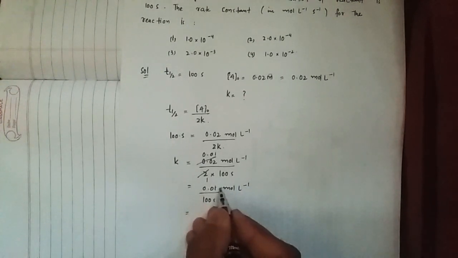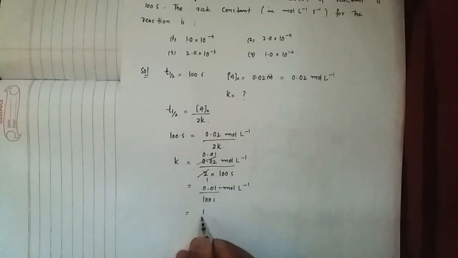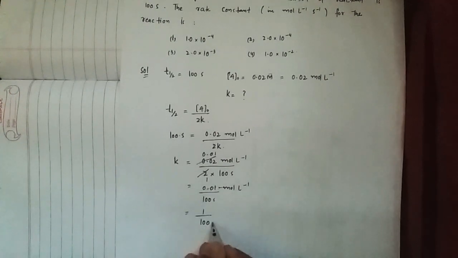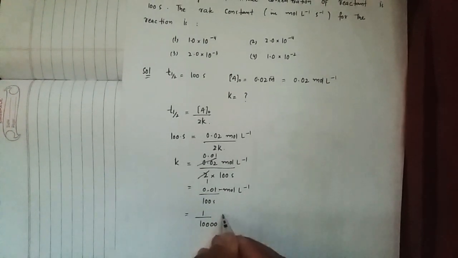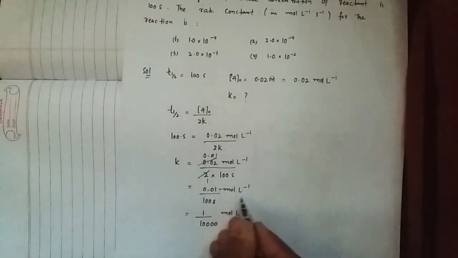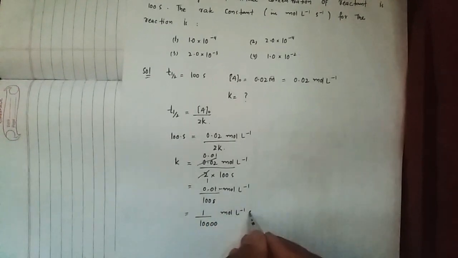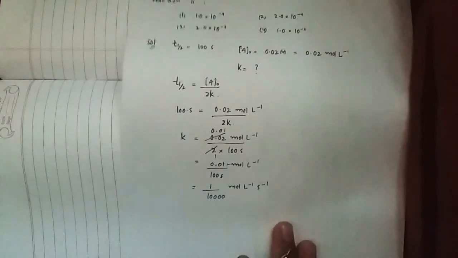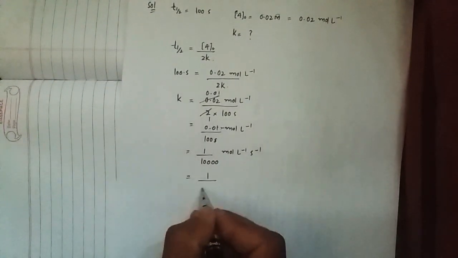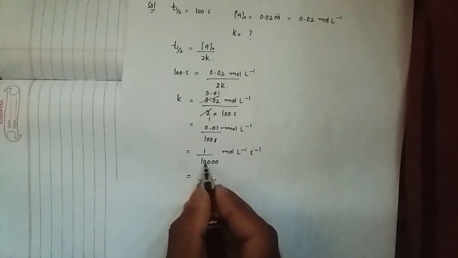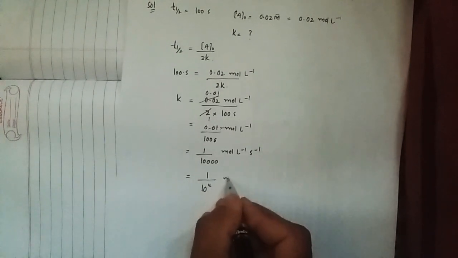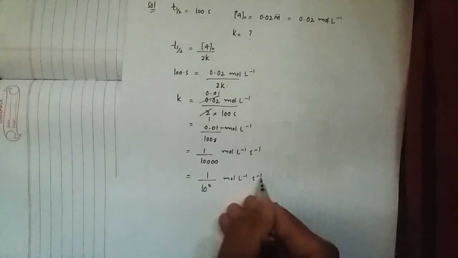The numerator will become 1, and the denominator will become 10000, and the units will be mole per liter. When we shift this second from denominator to numerator, it will become second inverse. Or simply we can write it as 1 divided by 10 to the power 4, because we have 4 zeros, moles per liter per second.